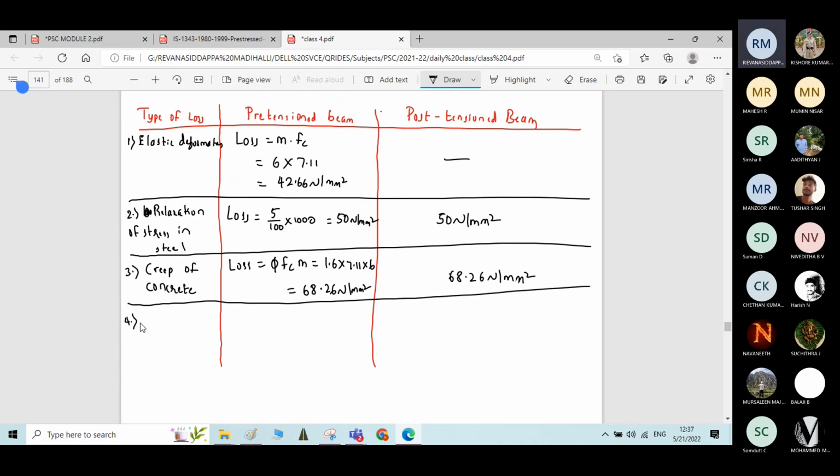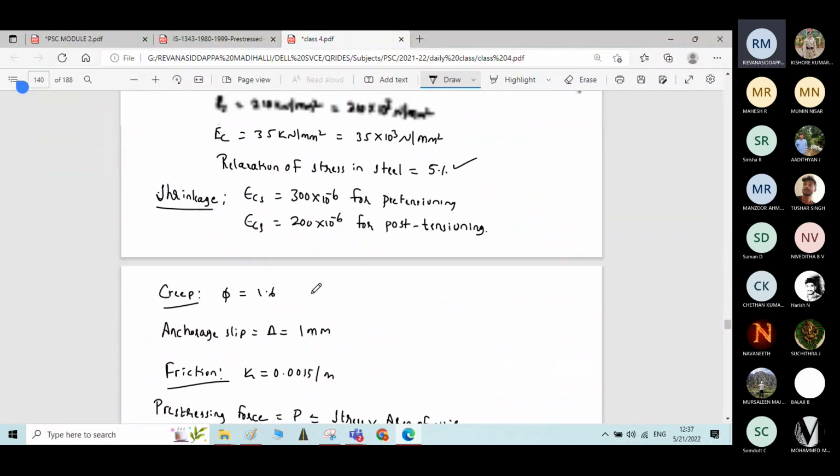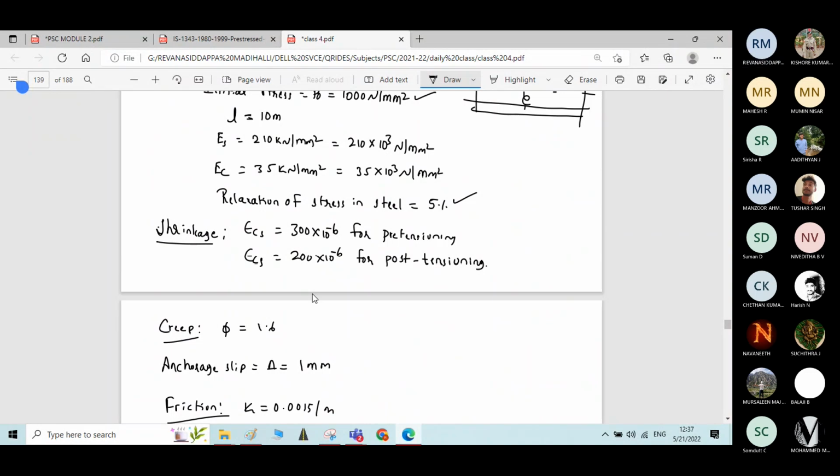Next, we go for the next type of loss, that is loss due to shrinkage. Very important here: two different shrinkage coefficient constants are given for pre-tensioning and post-tensioning, so the answer will not be the same and you need to do individual calculations.